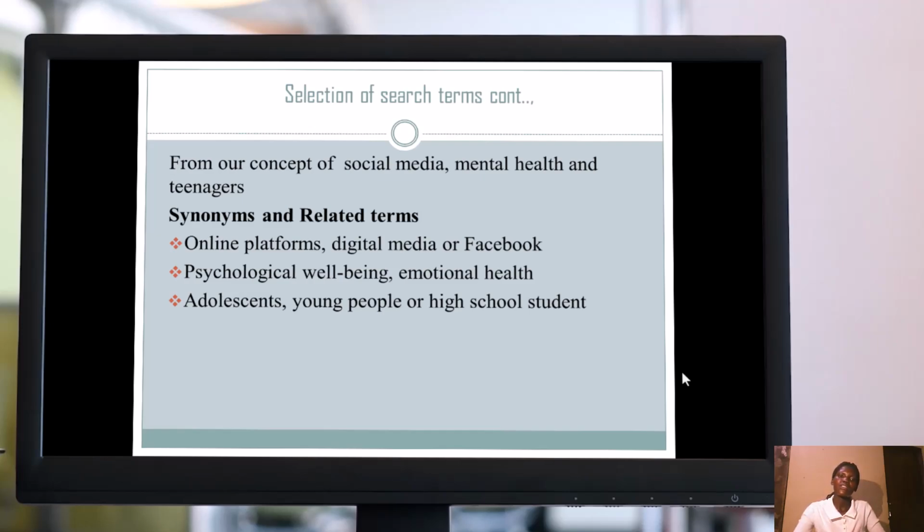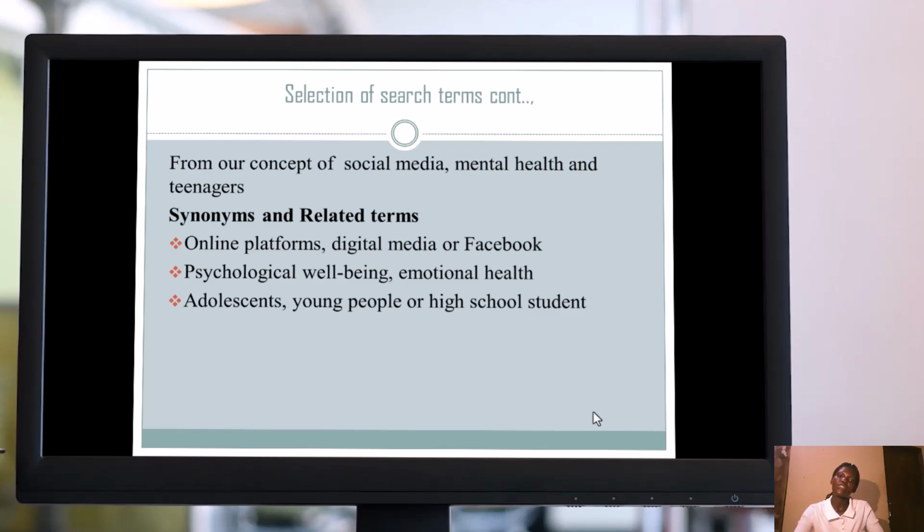We see adolescents. We see young people or high school students. Those terms can also relate to teenagers. The reason why we search for synonyms and related terms is because different authors use different terms, different words, but they can mean the same thing.